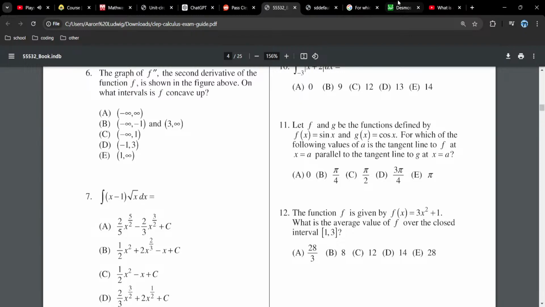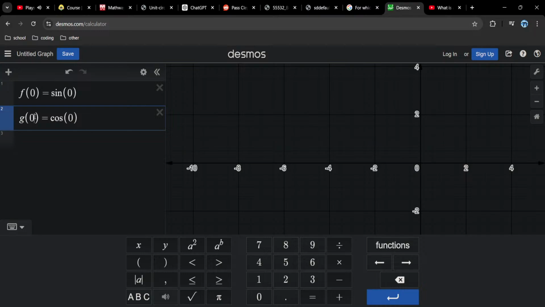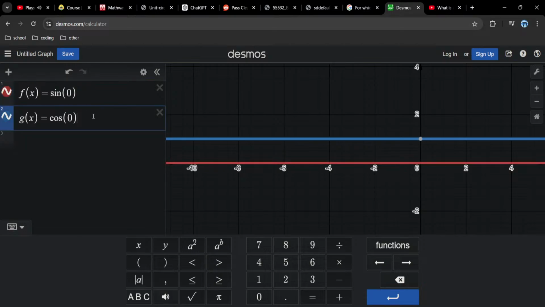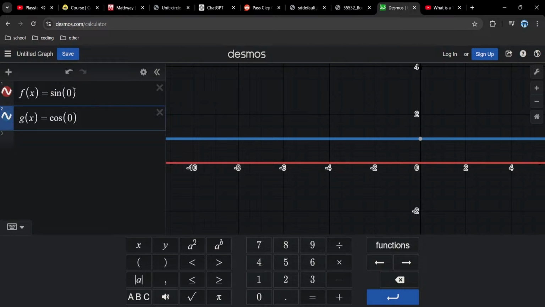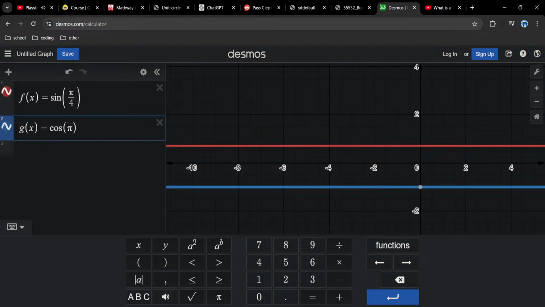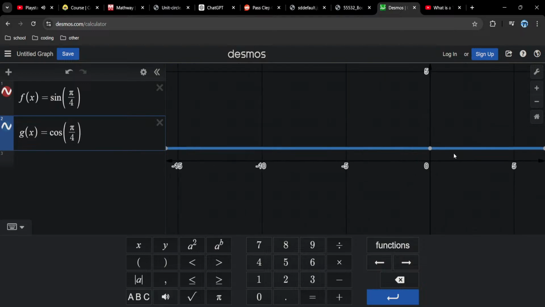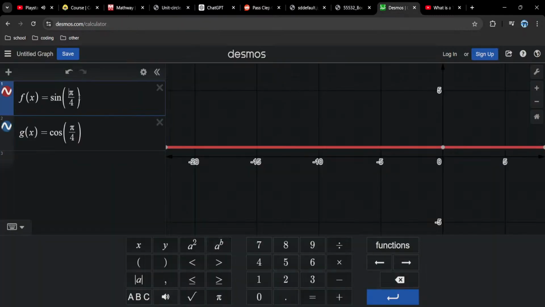Because if you go 3 pi over 4... I think they're all parallel though. If you go pi over 4, they're always going to be parallel. What's different about 3 pi over 4?